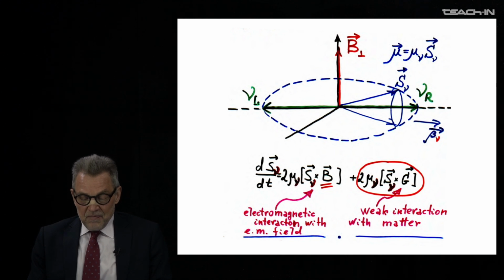We get that if matter is present and neutrino is interacting with the background matter, then there will be an additional term very similar to the electromagnetic term, which manifests the interaction of the neutrino magnetic moment with the external magnetic field. We get an additional term that accounts for the scattering of neutrinos on particles in the environment, the weak interaction of neutrinos. This J is similar to the magnetic field, but of quite different nature. These are weak interactions, but the form is very similar to what we have in electrodynamics.